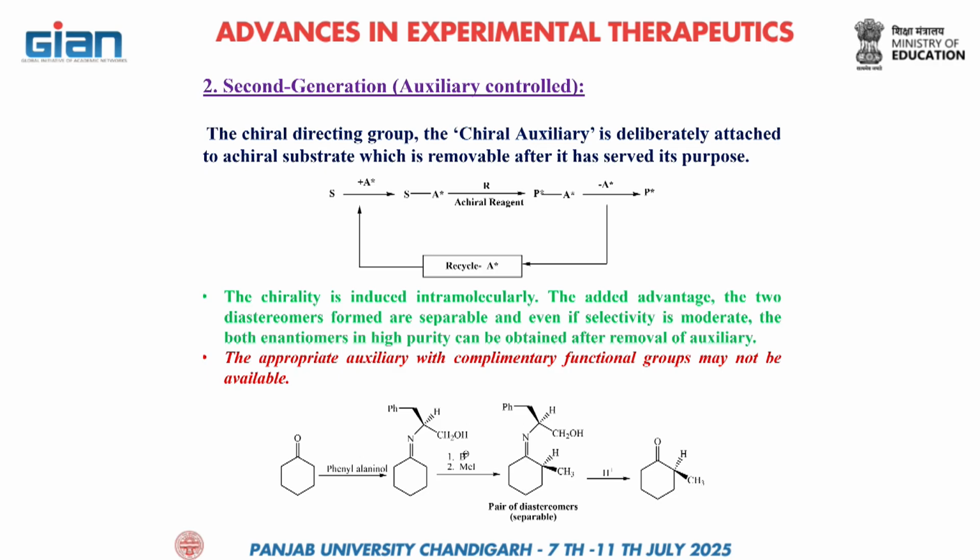Okay, so what you are doing? In the substrate you are going to add one group in such a way that it can create a huge crowding towards one plane, so that the incoming group feels discomfort.